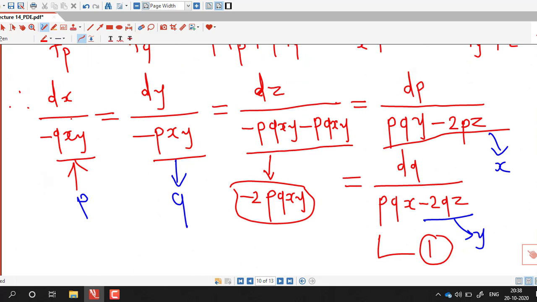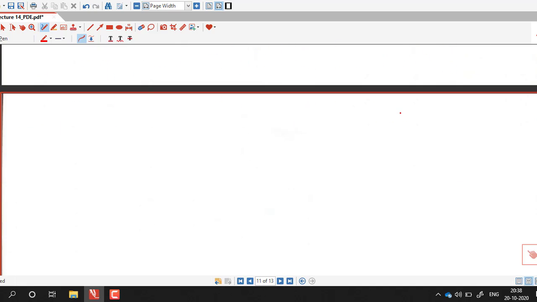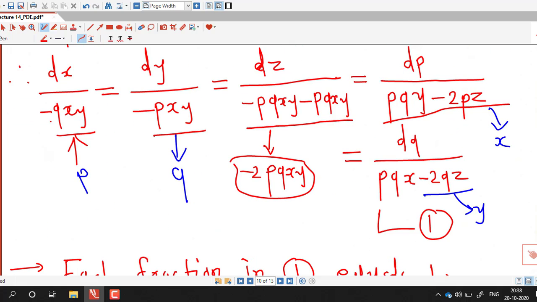So here if we consider the first and fourth one, we have numerator as p into dx plus x into dp, and let's write the denominator.